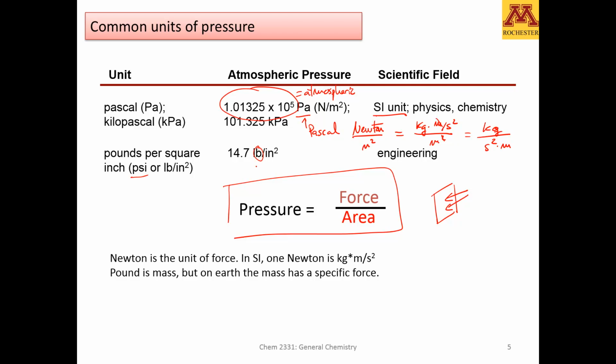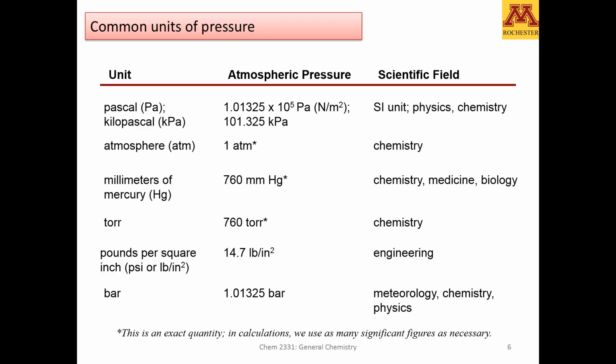So think of it as units of force over square inch. You don't have to memorize these conversions, but again, this number in PSI is the value of atmospheric pressure.